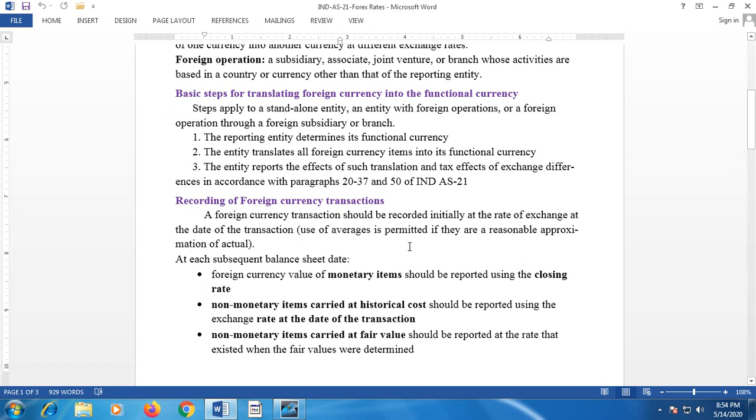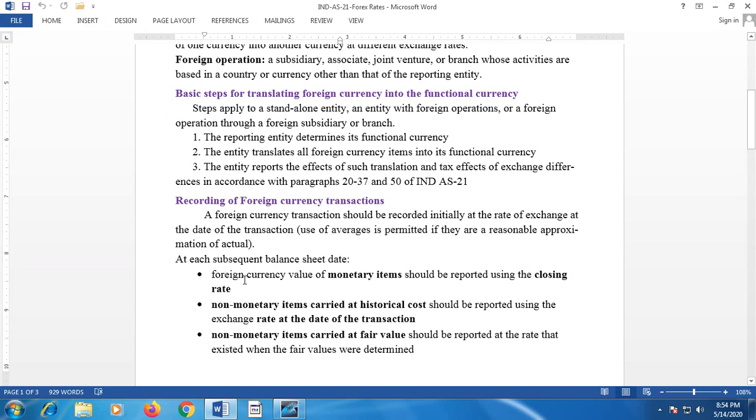Use of an average rate is permitted if it is a reasonable approximation of the actual rate. If there are slight variations in the exchange rates across different transactions, an average rate can be taken if it is convenient. At each subsequent balance sheet date, the foreign currency value of monetary items should be reported using the closing rate.